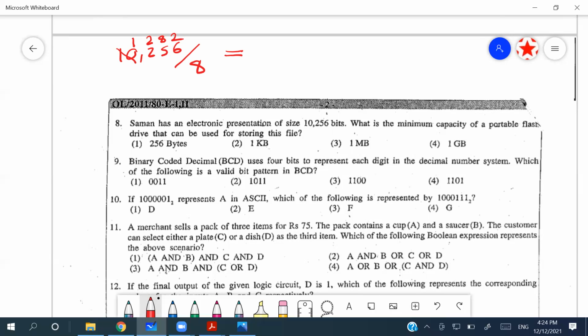Let me check again: 1, 22 it's 2, 16 and 6 is remaining; for 65 it's 8, 8 into 8 is 64, 1 is remaining, 16 is 2, so it's 1282.